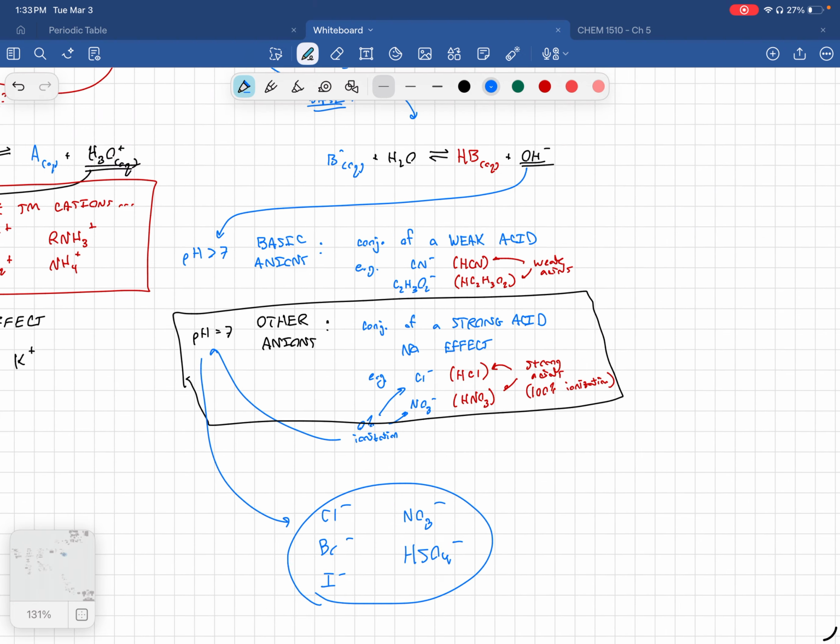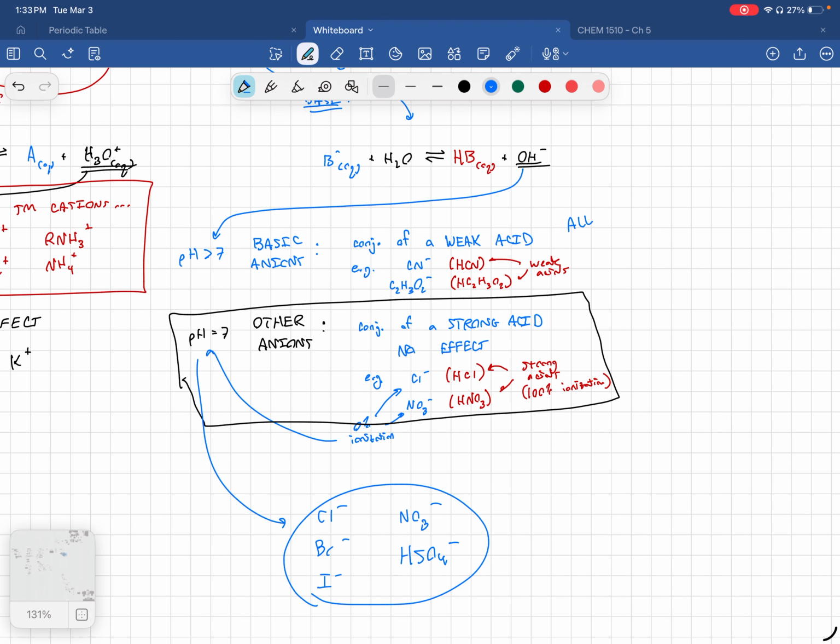Any other anion, effectively all other anions. So let me change the way that I write this. Let me write it as neutral.